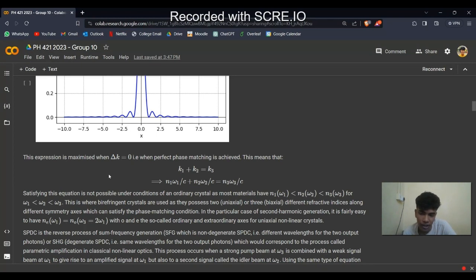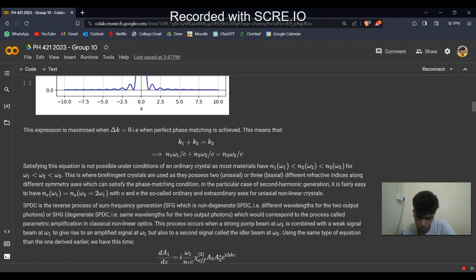We want birefringent crystals because they do possess two or three different refractive indices, where we take advantage of the presence of the ordinary and extraordinary direction, because then we can obtain phase matching perfectly along two different directions, right?